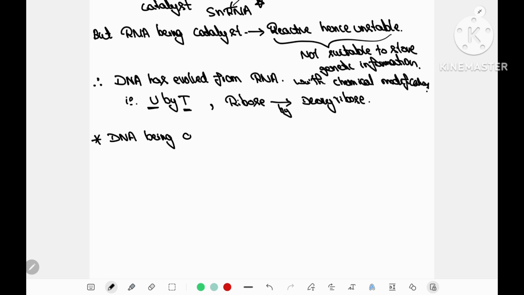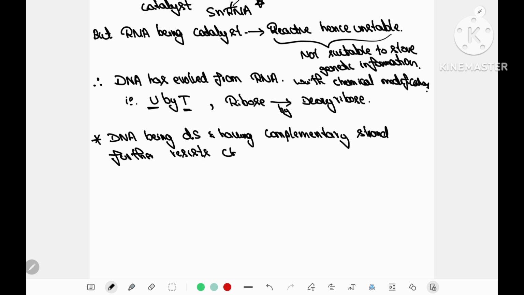Okay, so now DNA being double-stranded and having complementarity, it is suitable for acting as a genetic material. And also it can resist changes by evolving a process called repair.